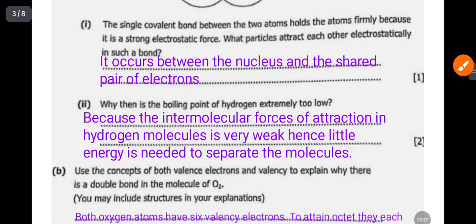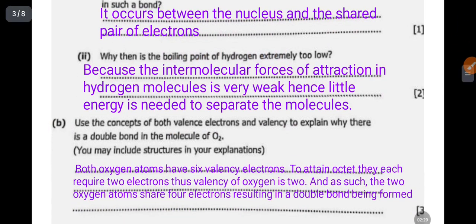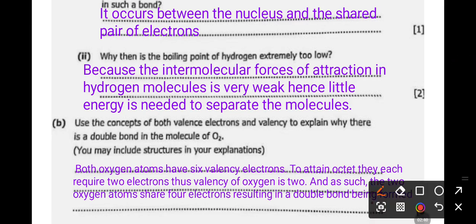So I presented my answer to say both oxygen atoms have 6 valency electrons. To attain octet, don't be confused by this word here, octet basically means to have 8 electrons in the outermost energy level.